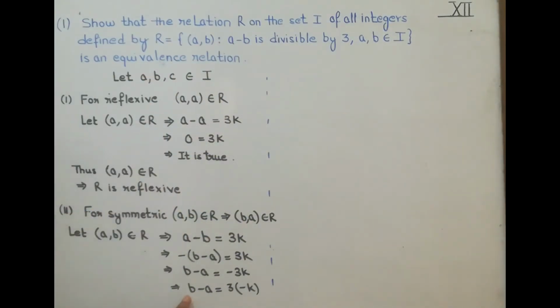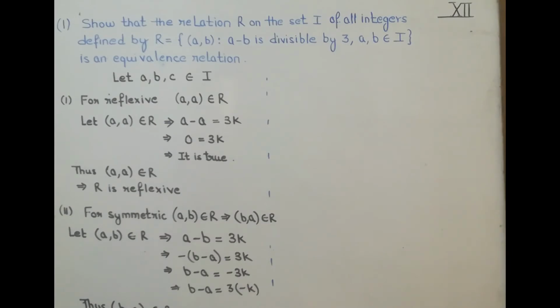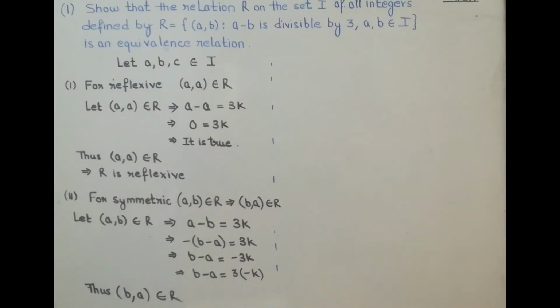So if you are getting b minus a is divisible by 3, that means (b, a) will also belong to the relation. (a, b) is belonging to the relation, so (b, a) will also belong to the relation.